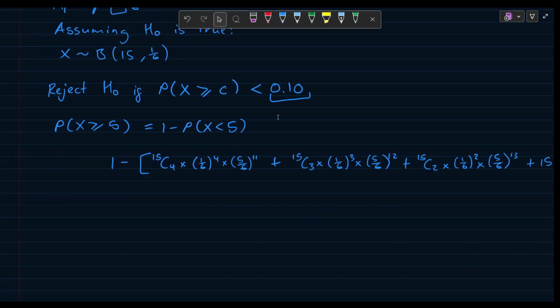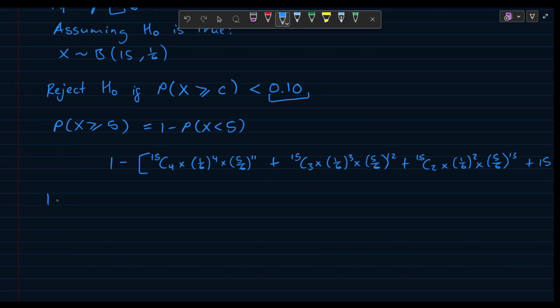Alright, so this is 1 minus, let's evaluate each probability. We've got 15 choose 4 multiplied by 1 over 6 to the power 4 multiplied by 5 over 6 to the power 11. This first expression gives us 0.141754, plus, let's go to 15 choose 3.